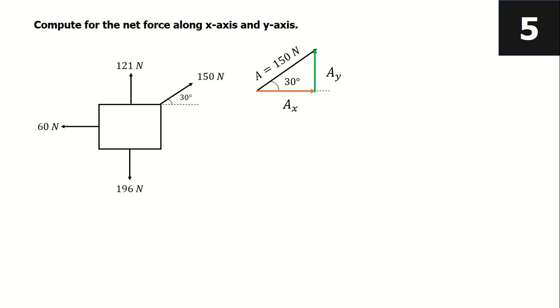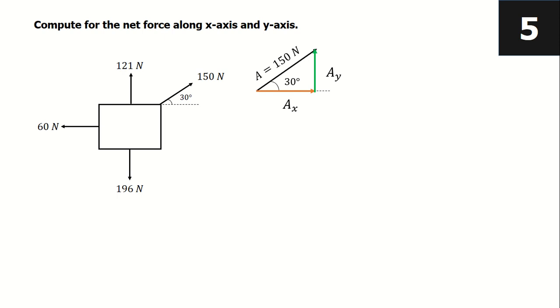You actually have to find the x component of the vector A, so you can sum it with 60 newtons. And of course, there is also a y component of the vector A, so that you can also sum that with the 121 newton and the 196 newton forces. Okay? So let's just call the 150 newton vector A.